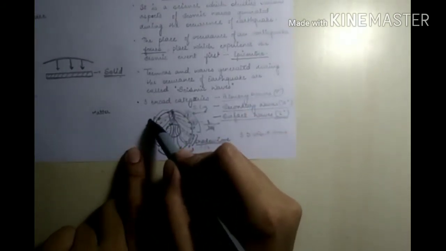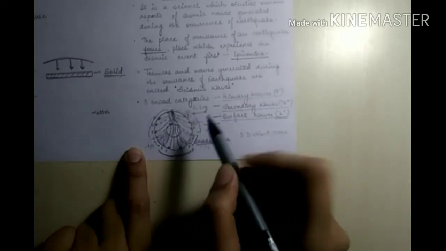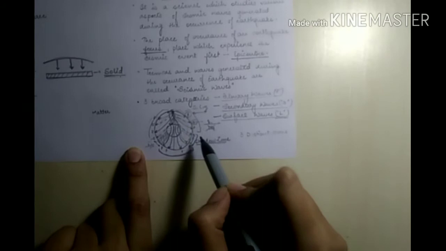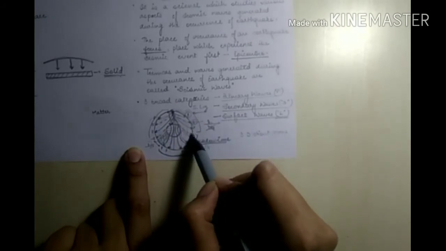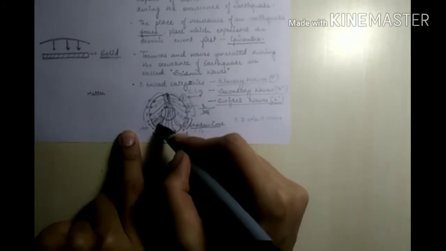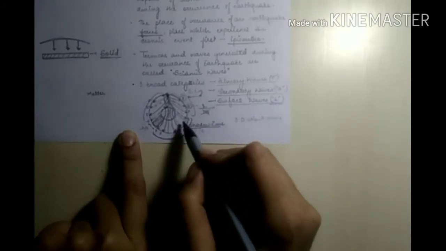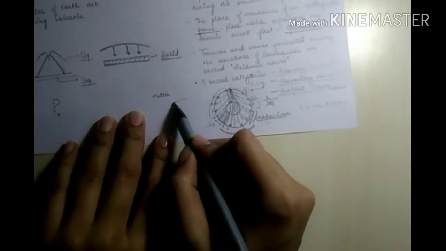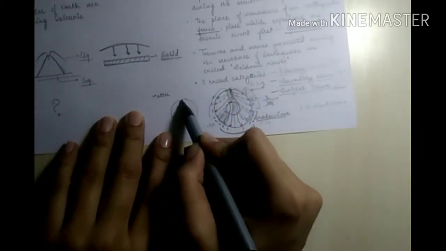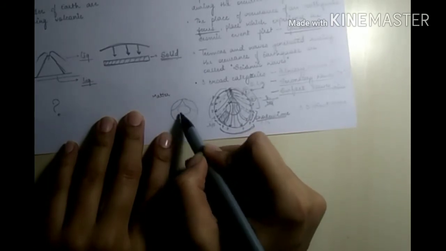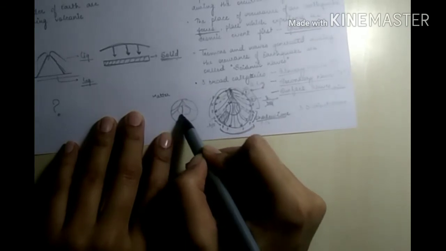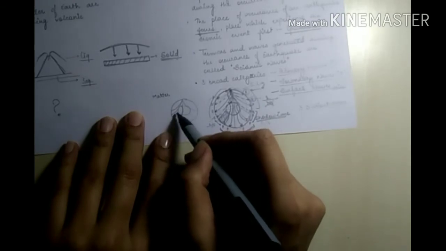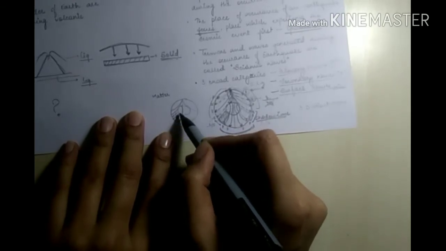So till this zone, from here till here, both S and P waves were present. They received S and P waves till here, and from here they received them again. But in this zone there was absence of both S and P waves.